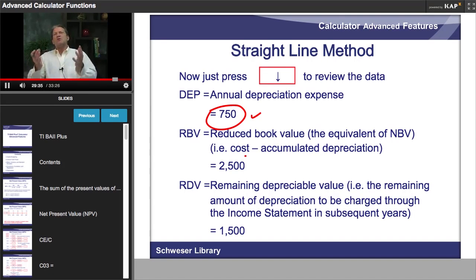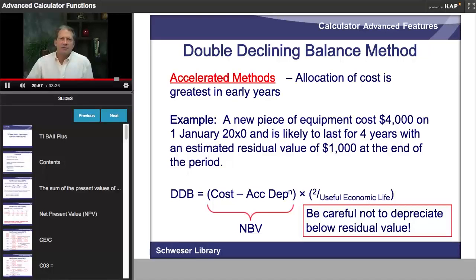That's $1,500. Took our book value from $4,000 down to $2,500. And the remaining depreciable value is $1,500. Why is that? Well, because we said we had a salvage value of $1,000.